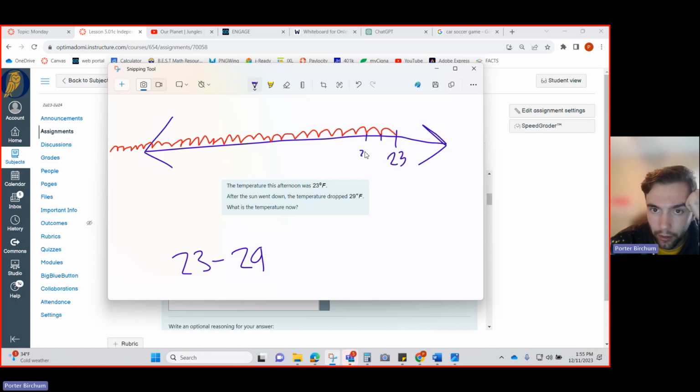This is 21. This is 20, 19, 18, 17, 16, 15, 14, 13, 12, 11, 10, 9, 8, 7, 6, 5, 4, 3, 2, 1, 0, negative 1, negative 2, negative 3, negative 4, negative 5, negative 6.